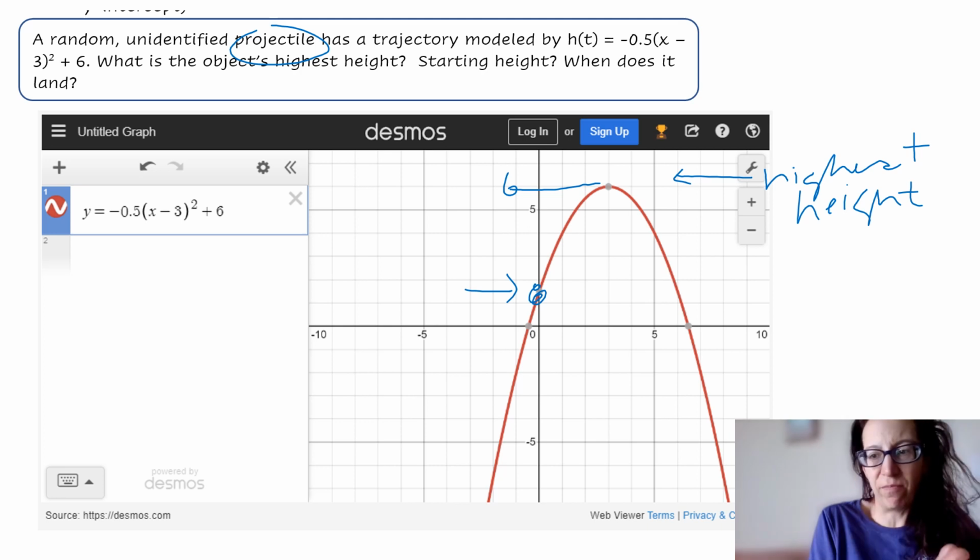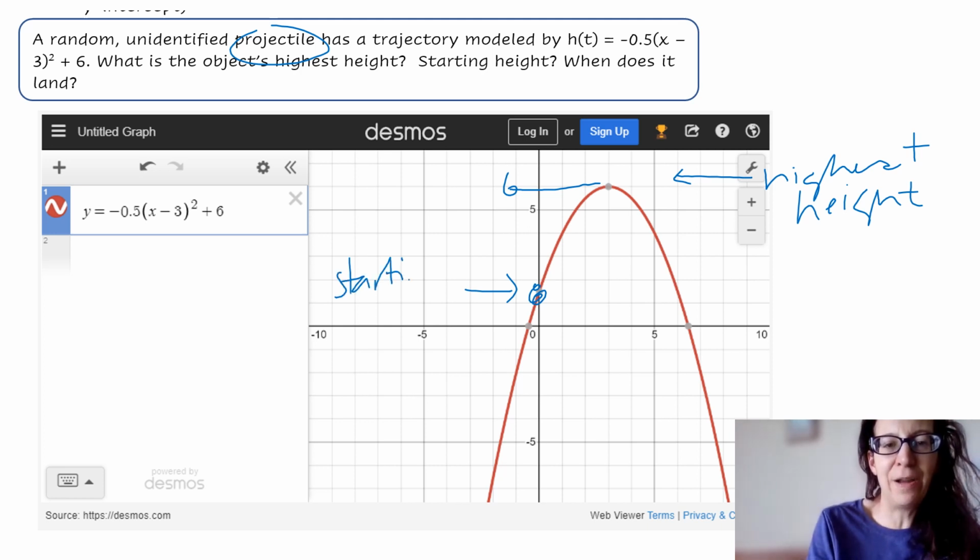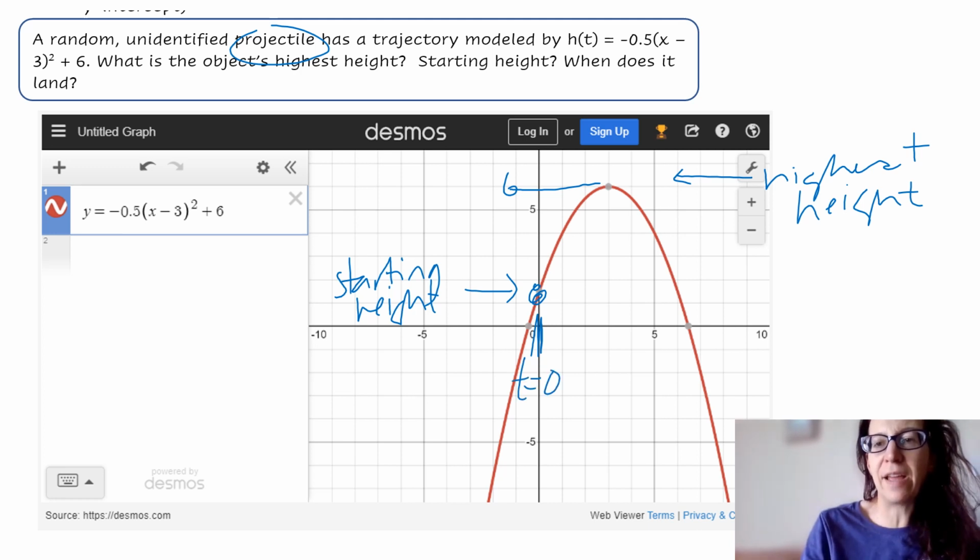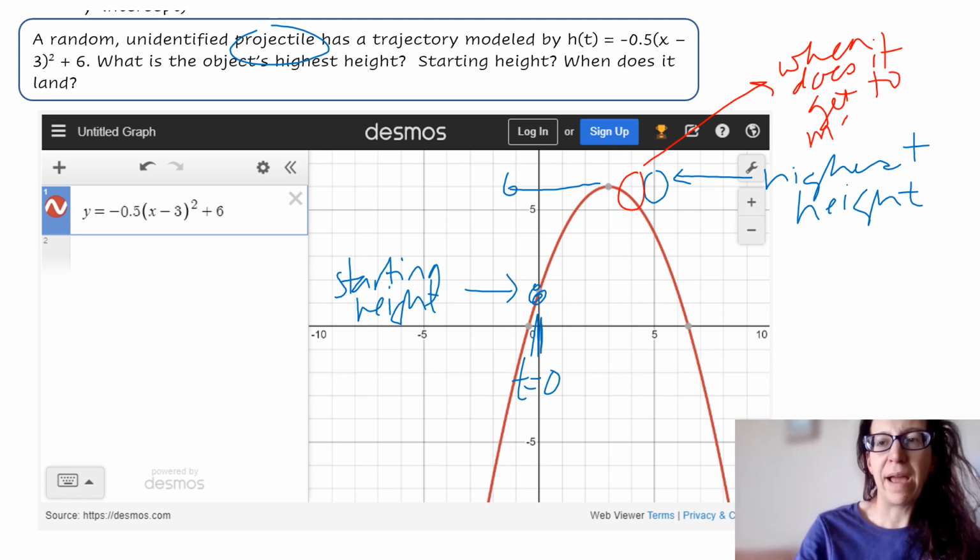I don't even think we have units on this, but that would be your starting height, because that would be time equal to 0. When does it hit the highest height? Well, that's a slightly different question. When does it hit the highest height would be the 3. When does it get to the max height?